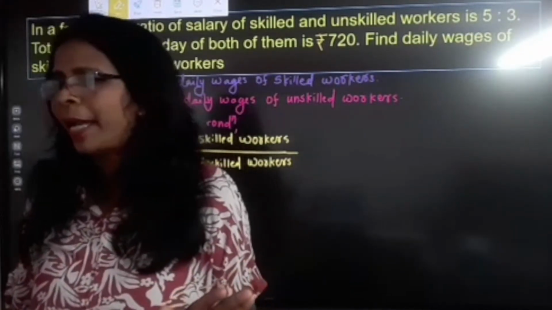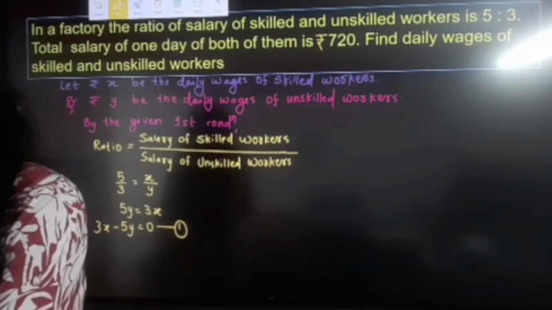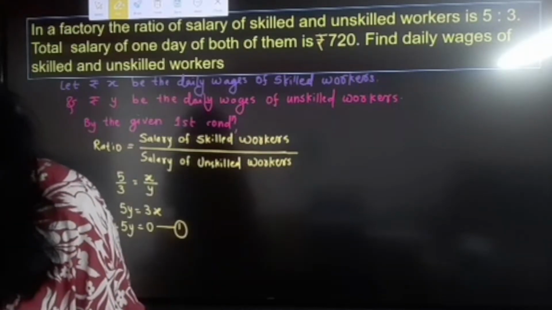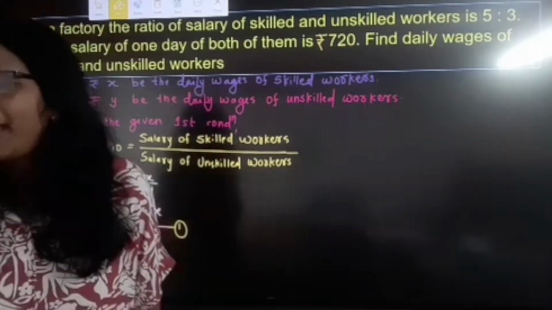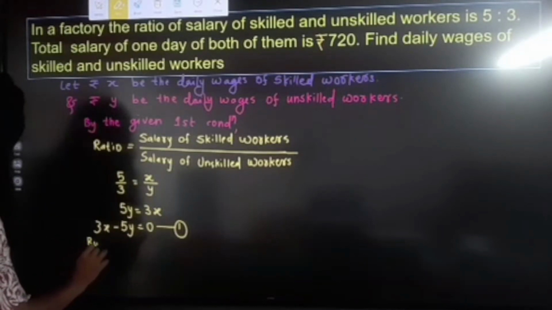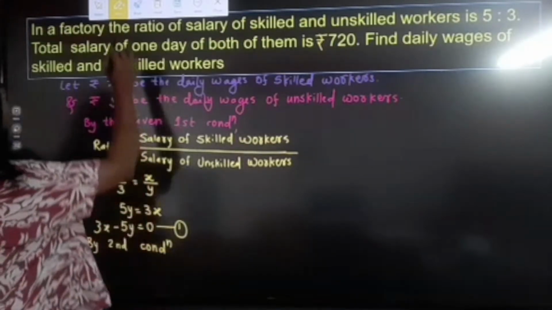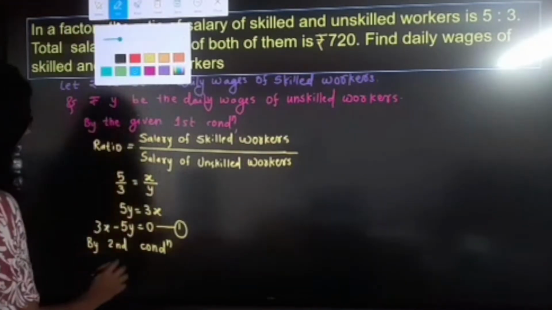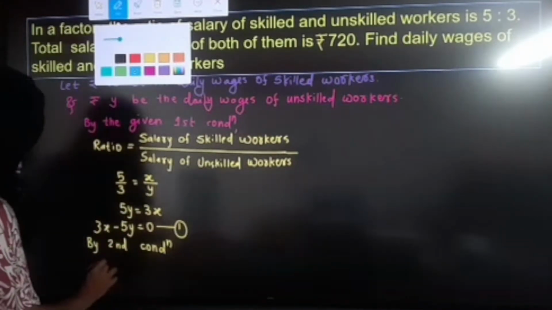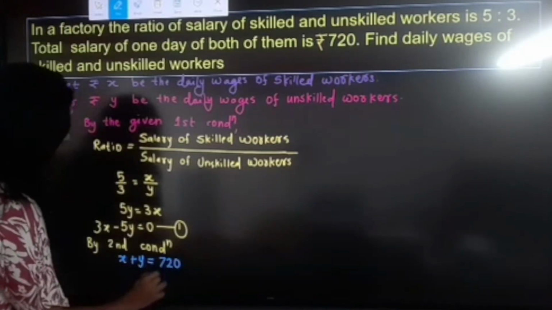By the second condition, total salary means x plus y is equal to 720.